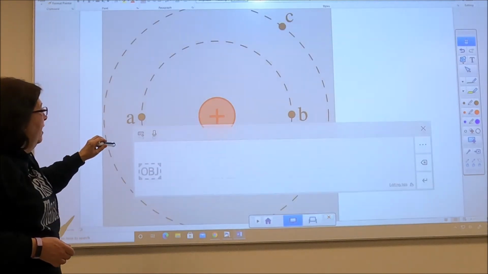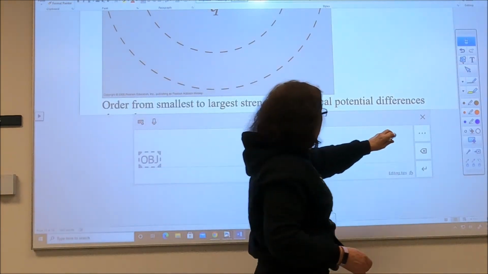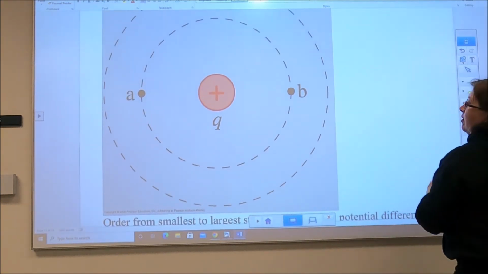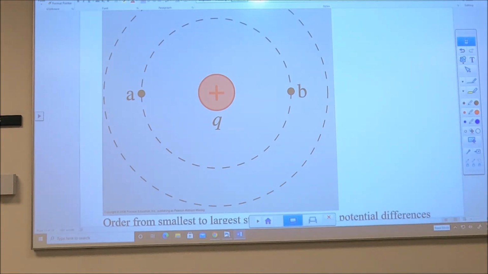So if we look at this diagram, and we look at this question, the stop and think question says, rank in order from largest to smallest the potential difference AB, AC, and BC.